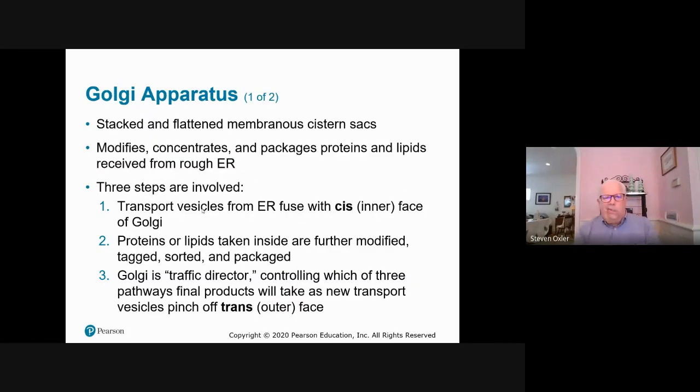The Golgi apparatus. The Golgi apparatus's sole function is to package, sort, modify, and tag all of the proteins made by the ribosomes on the rough endoplasmic reticulum.